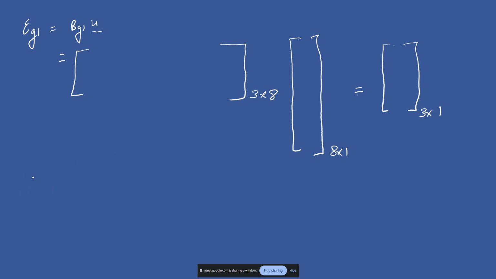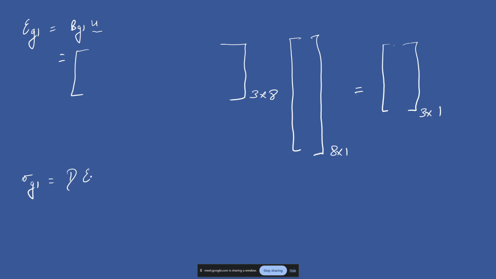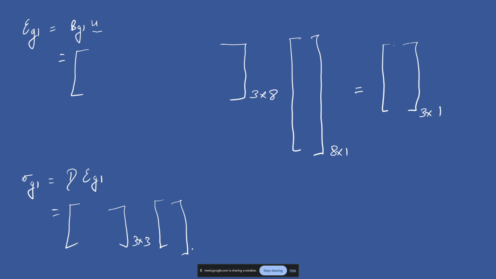Once you get this, you can calculate the stress tensor at the first Gauss point using D times epsilon g1. Your D matrix is 3 by 3 and your epsilon g1 is 3 by 1, so the stress vector you get is 3 by 1. Accordingly you can calculate sigma g2, sigma g3 and sigma g4.